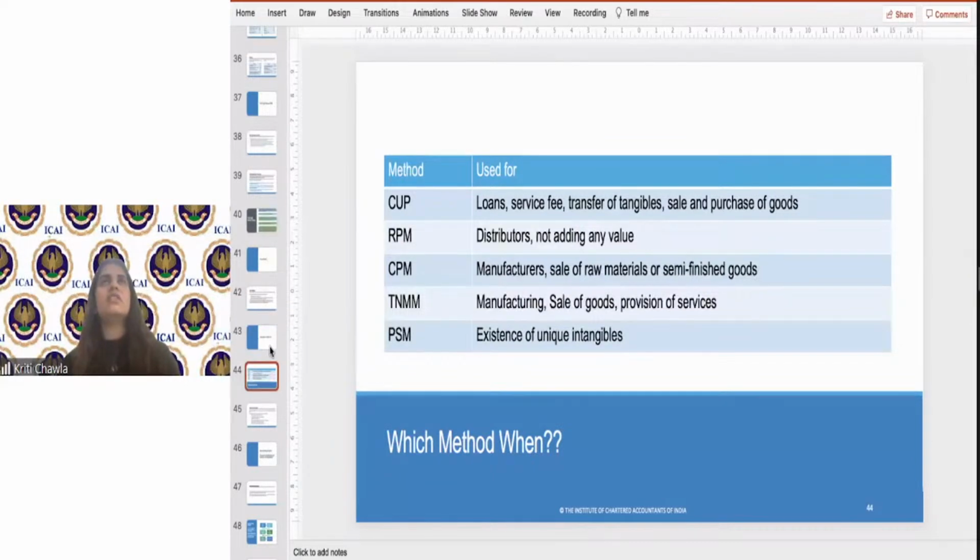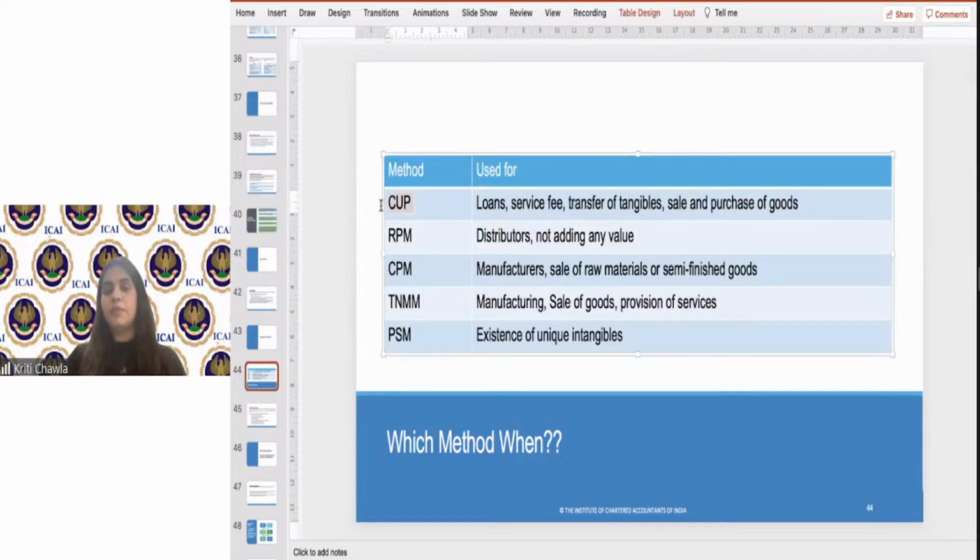As long as information is available to you on CUP, if you have information on how much price the independent companies are charging, then you can use CUP. Generally we do not have that information because it is confidential between independent parties. But if you have that agreement or information available, then you can use CUP method.